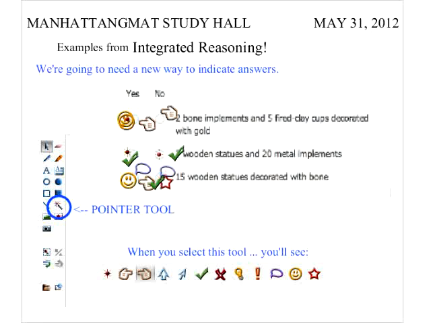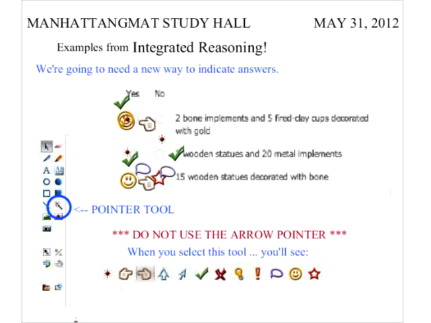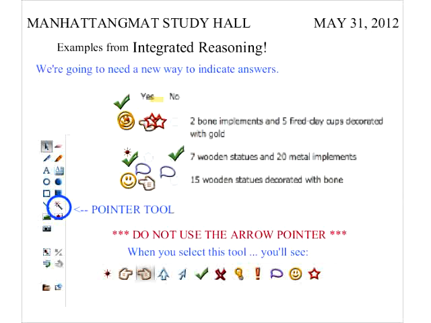So we'll get an idea. By the way, please do not use the arrow pointer. This is the danger here, and this is why we usually disable these tools. Do not use the arrow pointer. Please, please, please. Because if you do, then you're going to accidentally drag things around, which some of you have already done by accident. So do not use this.